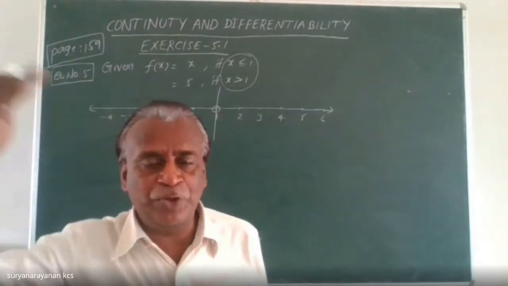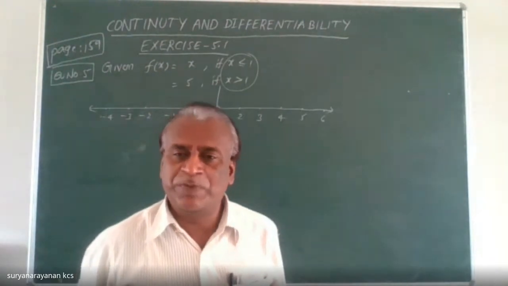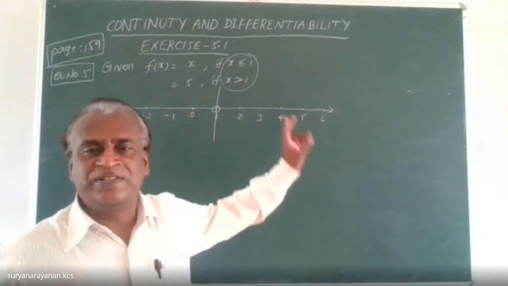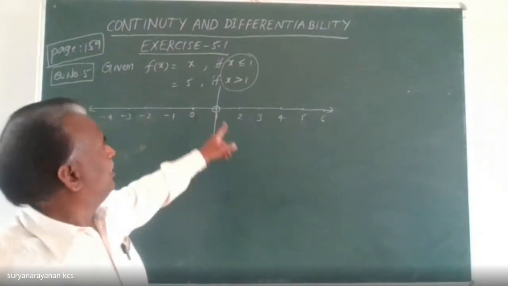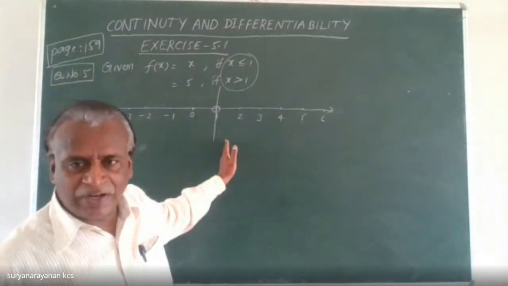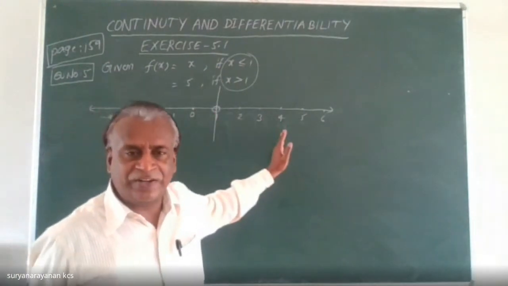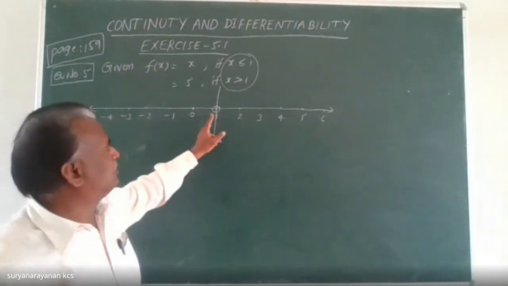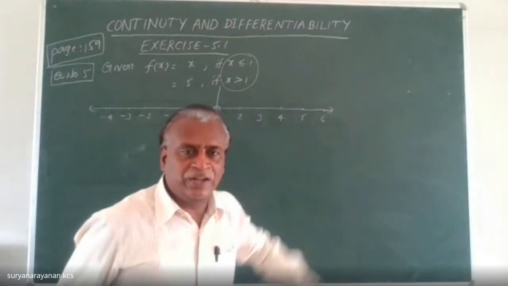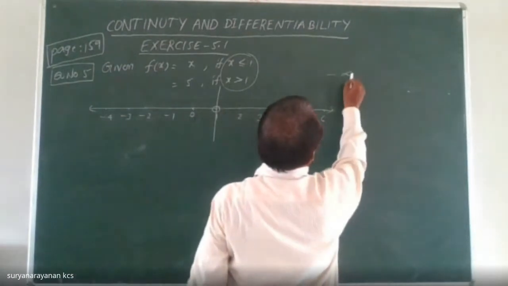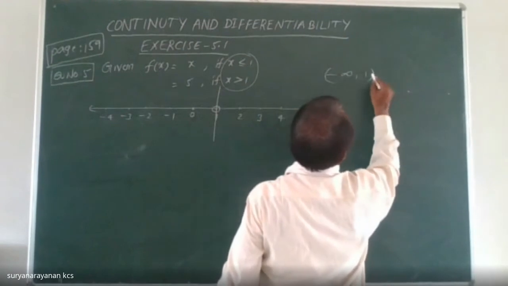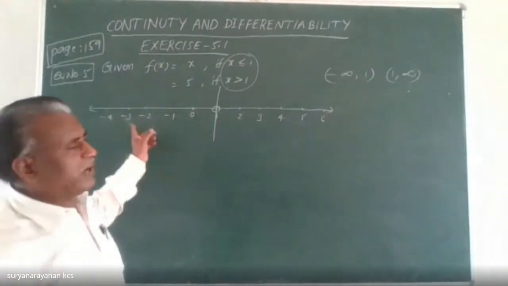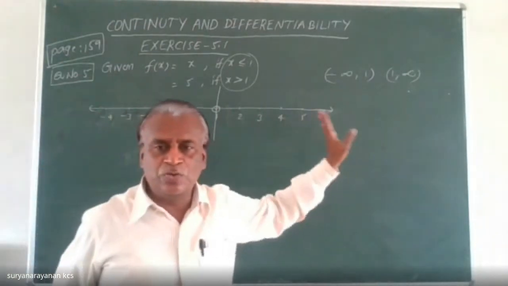These points will help you in the next chapters. So please listen to these points very carefully. Here I divided the number line into two different intervals. That is, first interval is minus infinity to 1 and the second interval is 1 to infinity.